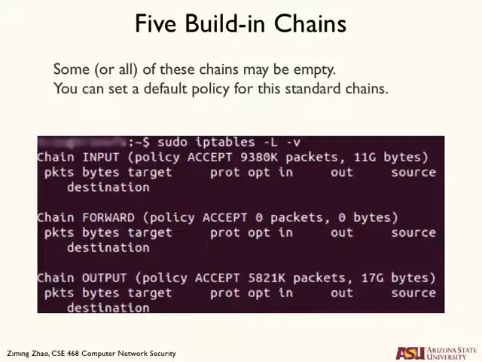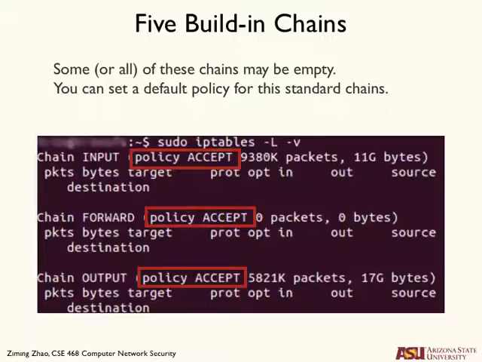For example, this is a screenshot I got. We run iptables -L, which lists all the chains on our system. You can see that we have 3 chains, INPUT, FORWARD, and OUTPUT, and they are all empty. There are no rules in these chains. Since there are no rules, we can specify the default action for the packets, and in this case the default action is just accept.